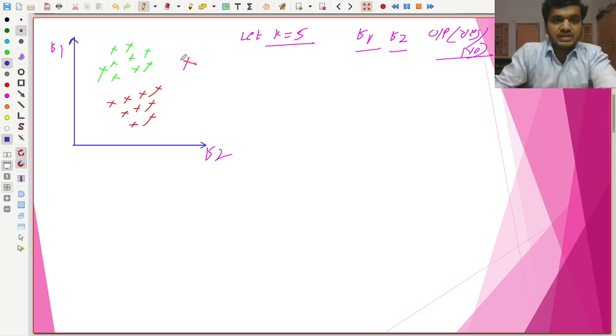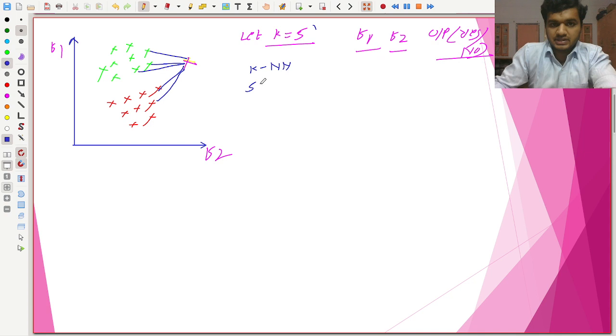So for k nearest neighbor, here you notice that in 5 nearest neighbors, that is KNN, we count the five closest points.